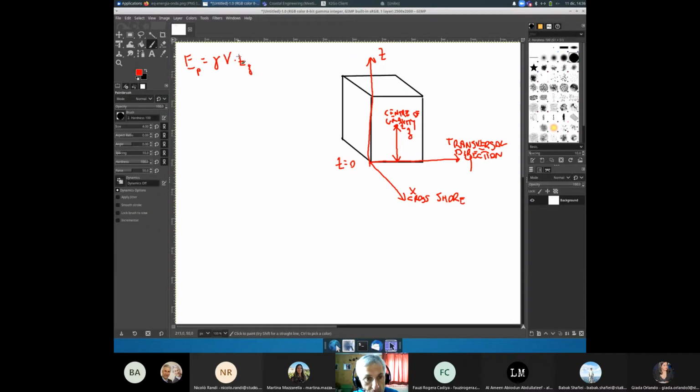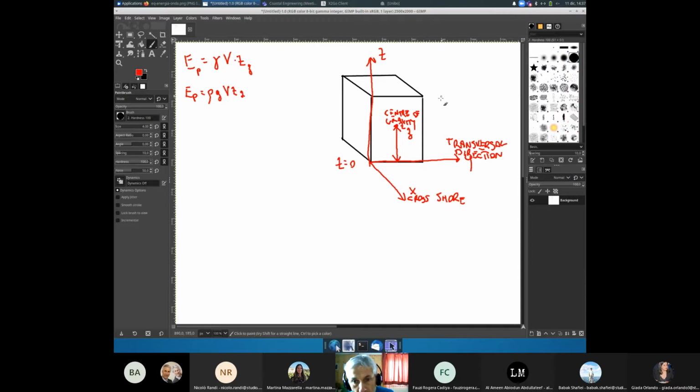This is the potential energy, okay? Mass times the elevation of the center of gravity. Okay, now we can write it in this way. EP is equal to the multiplication of the mass density times G, again, times V times ZG.